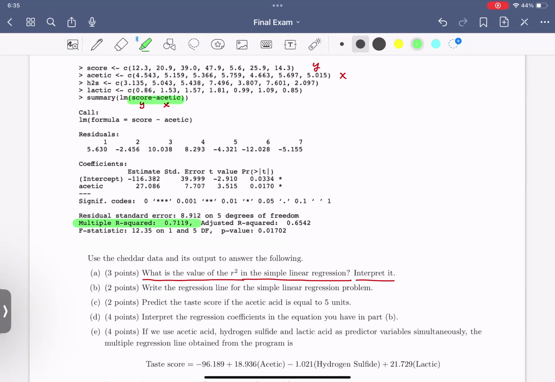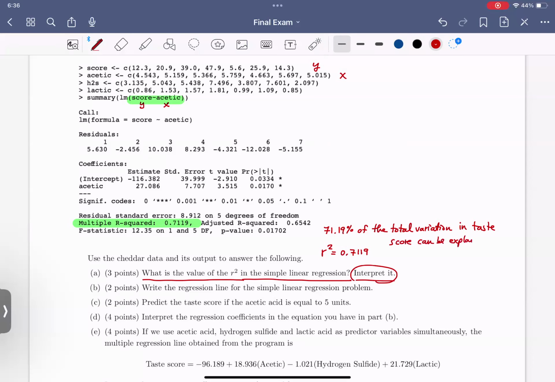So the R square is 0.7119, and how to interpret it: 71.19% of the total variation in test score can be explained by the linear relationship with acetic acid.